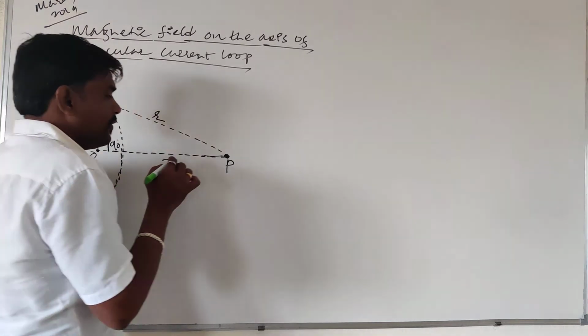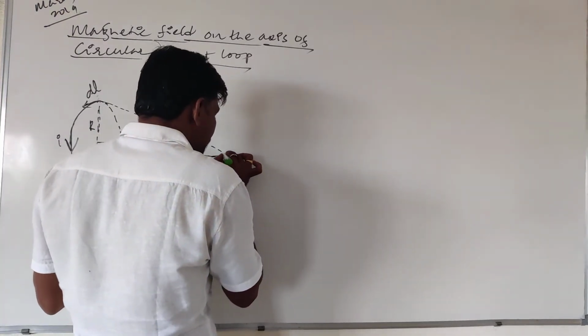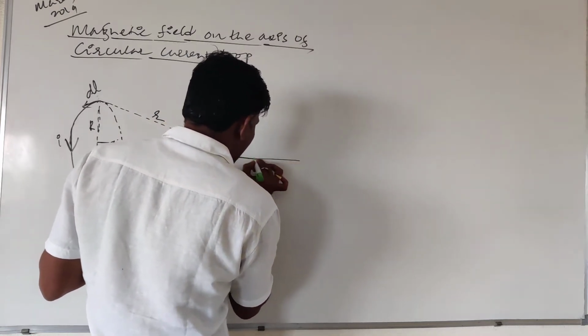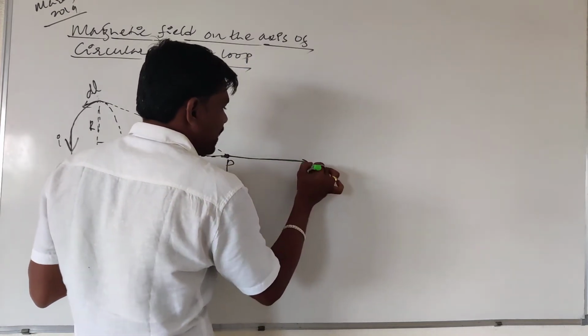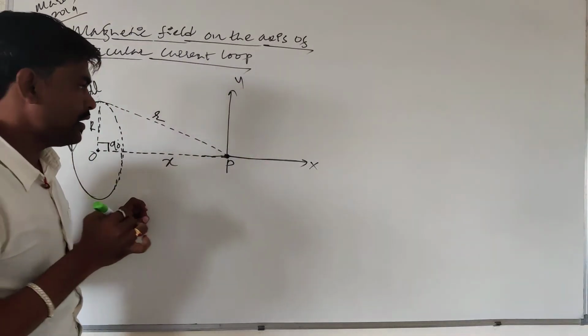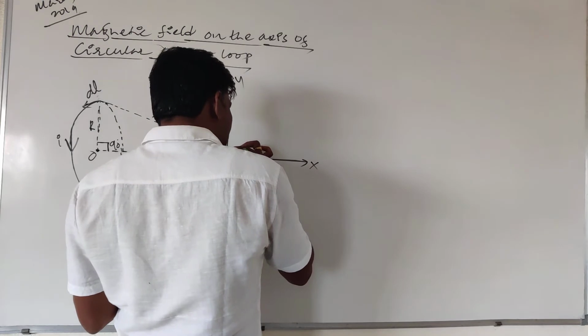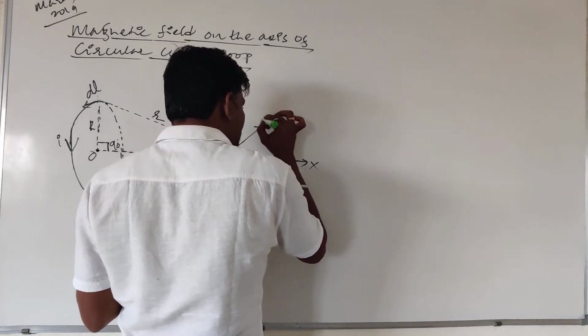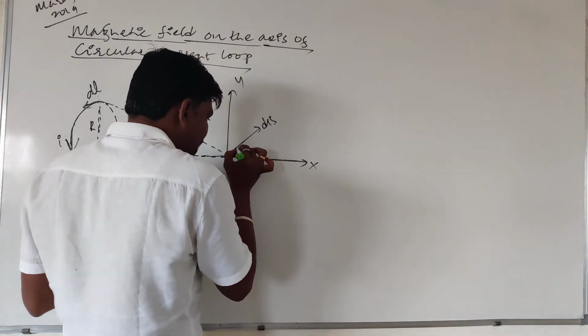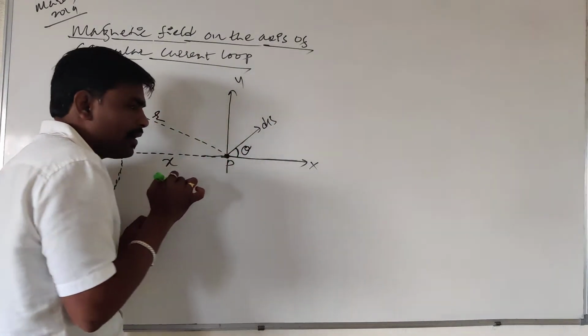Here, this is the x-axis, and this is the y-axis. Right. At point P there is dB, and dB creates an angle theta.